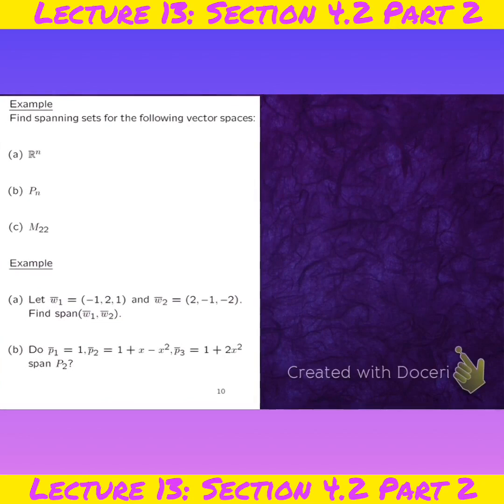Again, we apply the definition of span. So basically, the span of these two vectors is what? It's the set of all linear combinations of the two vectors.